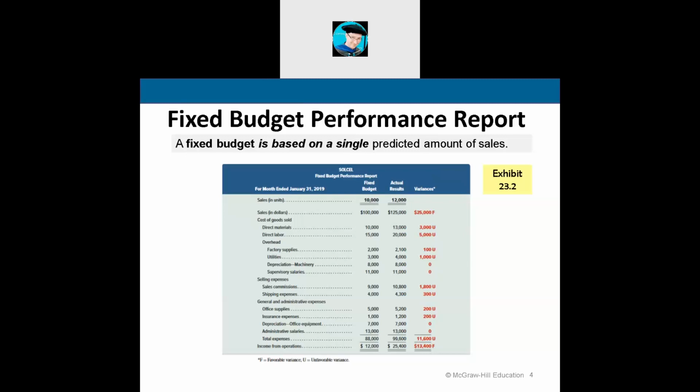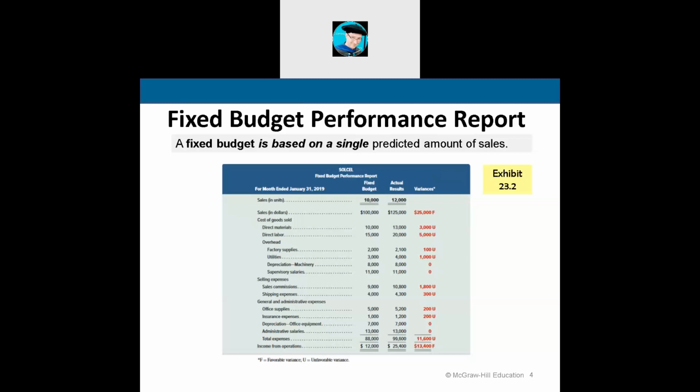Direct materials. I expected to have direct materials of 10,000. Actually came in at 13. That's 3,000 unfavorable. Why? If your actual costs are higher than what you budgeted for, that's not good. It means you spent too much. Unfavorable. So 13,000 minus 10, that's 3,000 variance unfavorable.